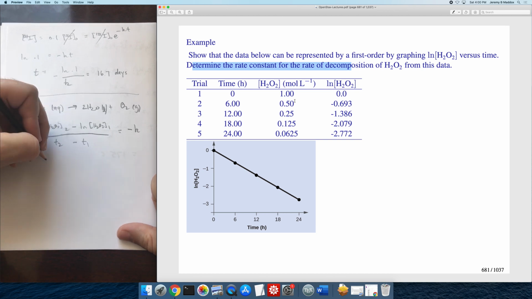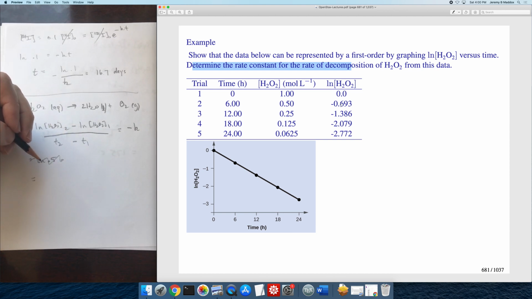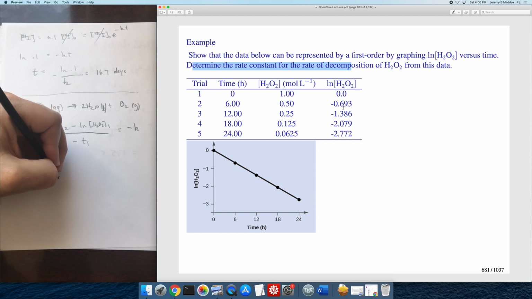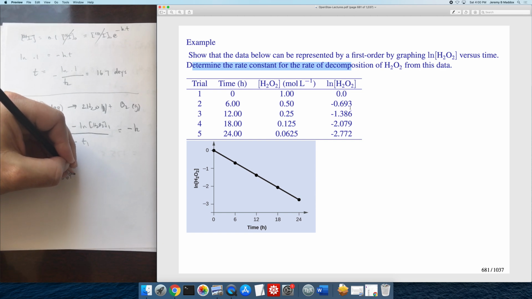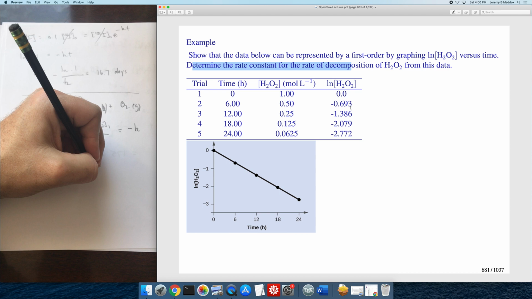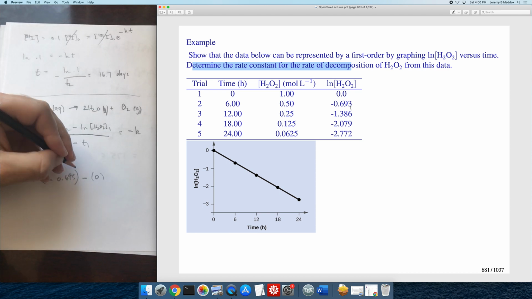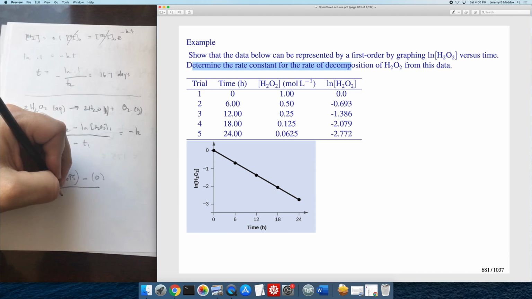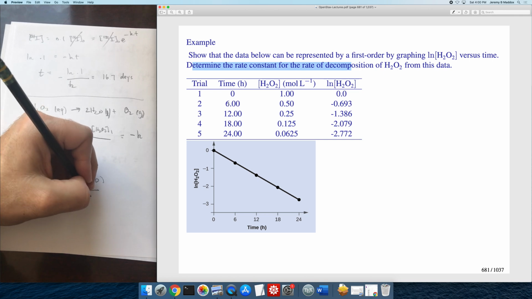So 0.5, natural log of, let's see. Well, they've already calculated the natural logs for us in this third column. So I'm just going to put minus 0.693 minus 0 divided by 6 minus 0.